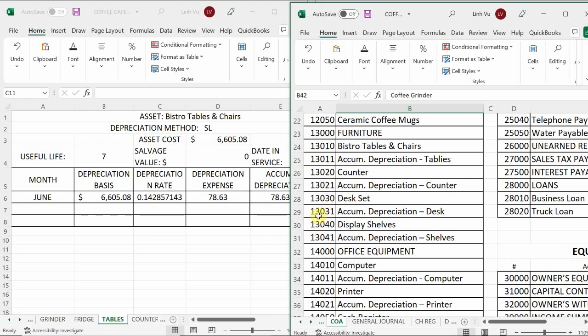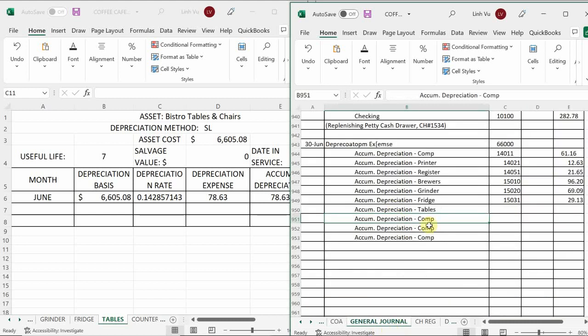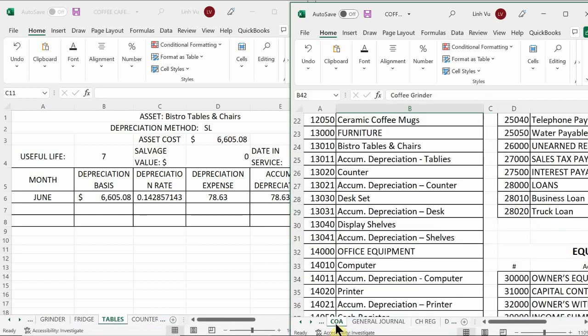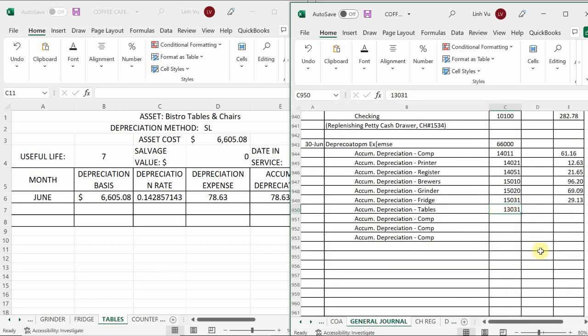The next one after that is the desk, 13031, and then 13041 for your shelves. So tables is the first one.